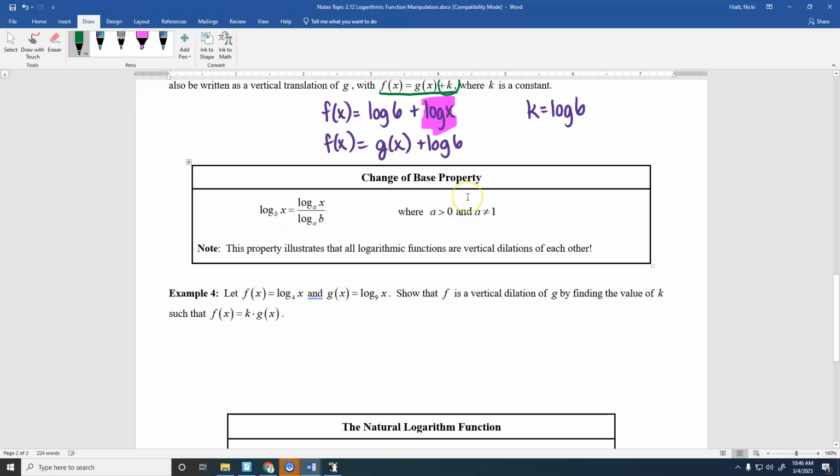Okay. Change of base property. We already looked at this a little bit for typing things into the calculator, particularly if you're using the handheld calculator.